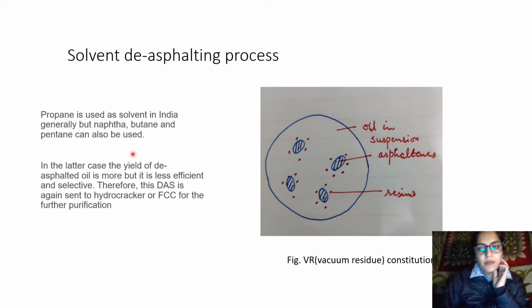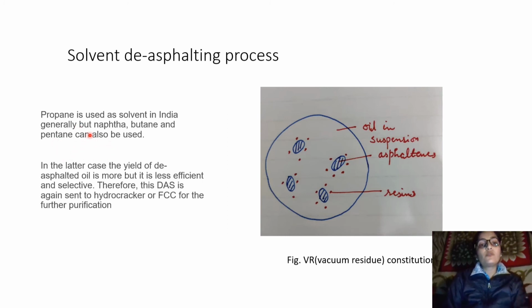Because methane is very difficult to liquefy and use, and the operational problems increase. So propane is the best idea. Moreover, propane is very efficient in removing all this suspension, and the deasphalted oil which is obtained is very highly pure. Generally with propane the yield is not that high, but the end product is of good quality.